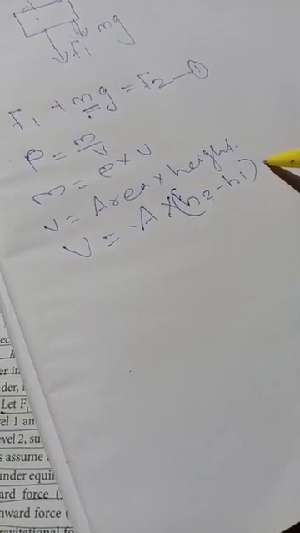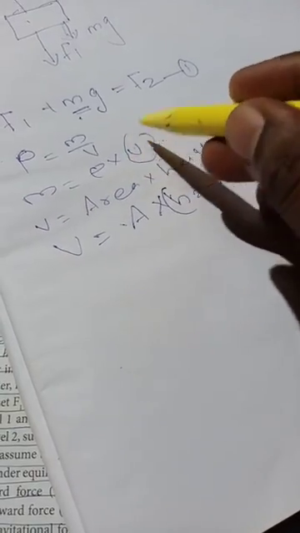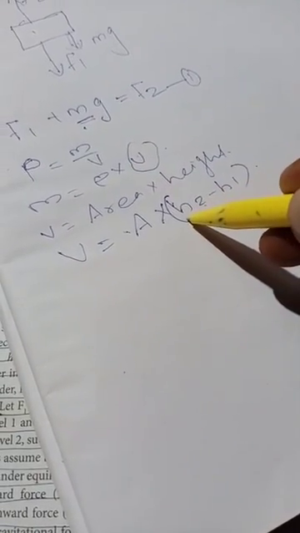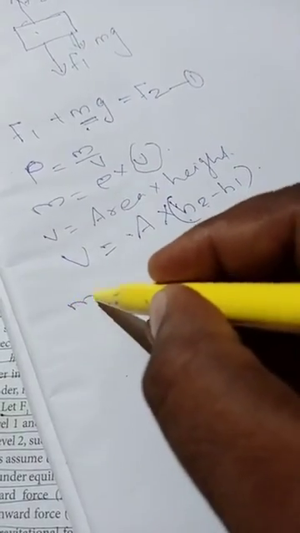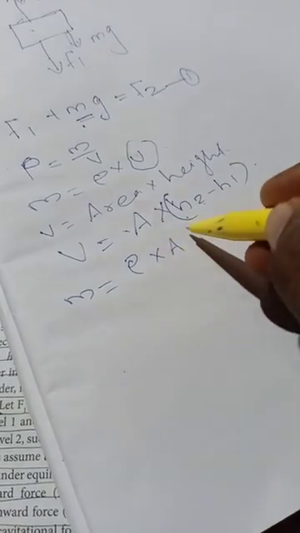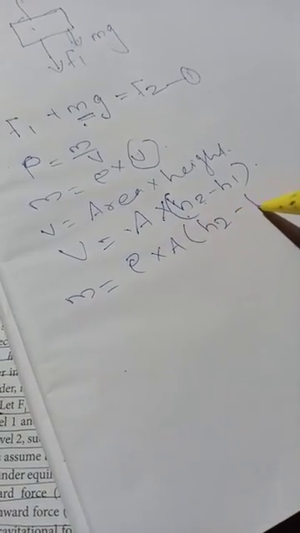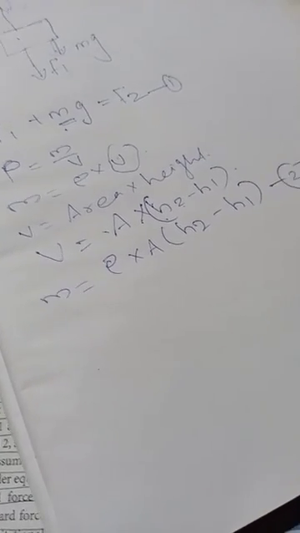Now you can take this V value in this equation. Instead of V, you substitute V is equal to A into H2 minus H1. So it becomes M is equal to rho into A into H2 minus H1. Now you can keep this as equation 2.